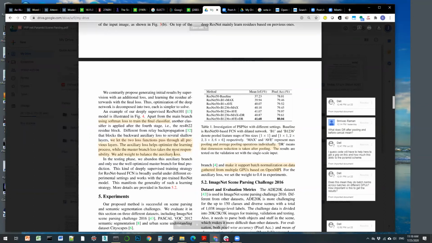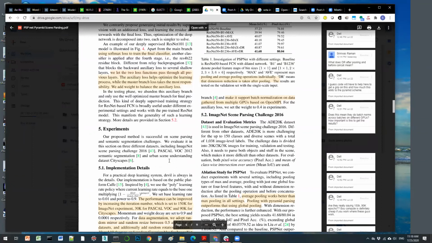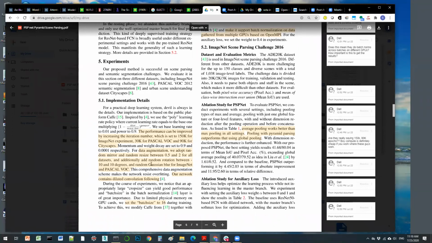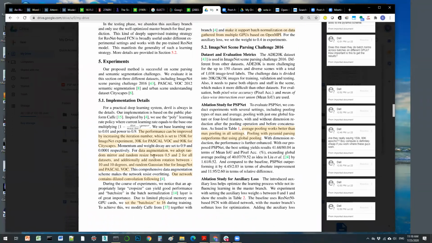And then let's see what the V1 1236 is. By the way, they also do data augmentation: random mirror, random resize, and random Gaussian blur. So they've added those aspects, and they do the dilated convolution that we discussed.